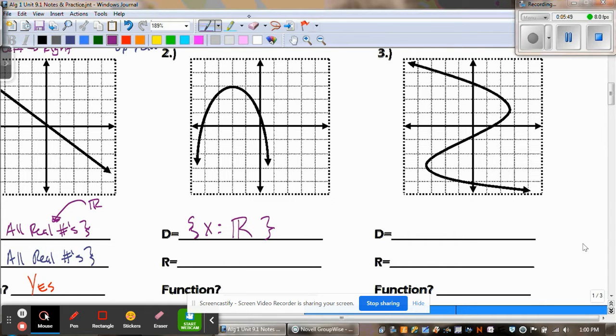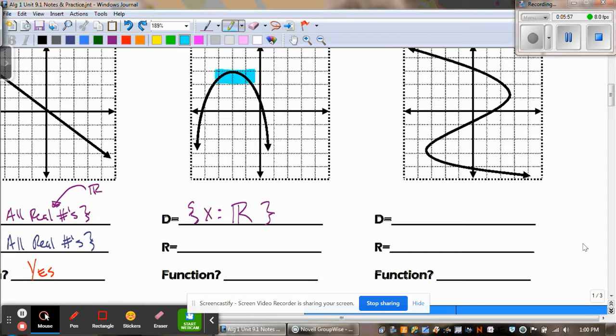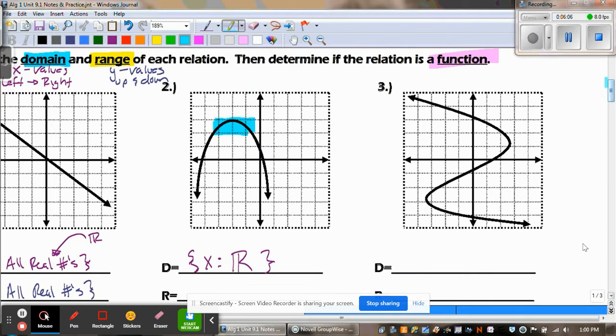Now, let's look at the y. As it goes down and down, there's no stop to it. But look at right there. Does it go all the way up? Can it be at 5 or 10 or 15? No, because there's a specific stop to it, and that specific stop is at the point 3.